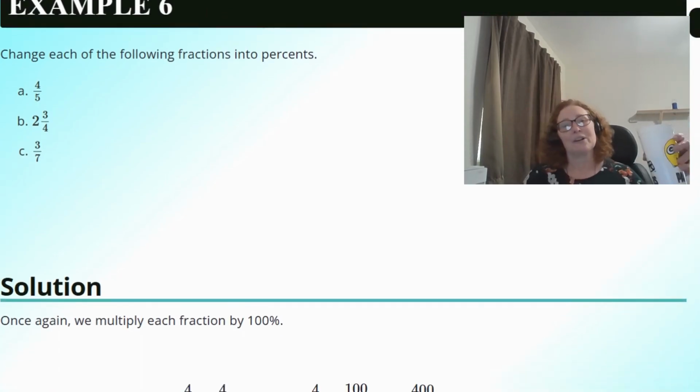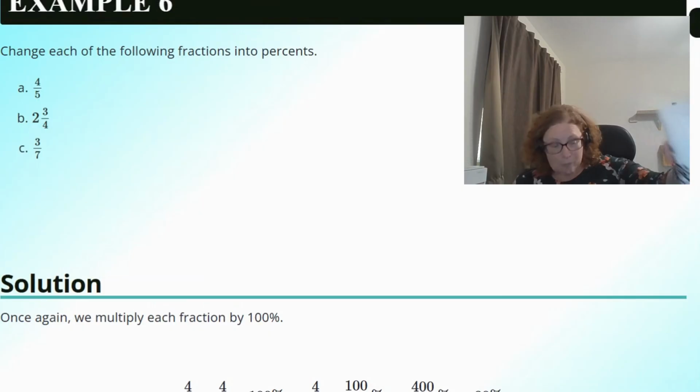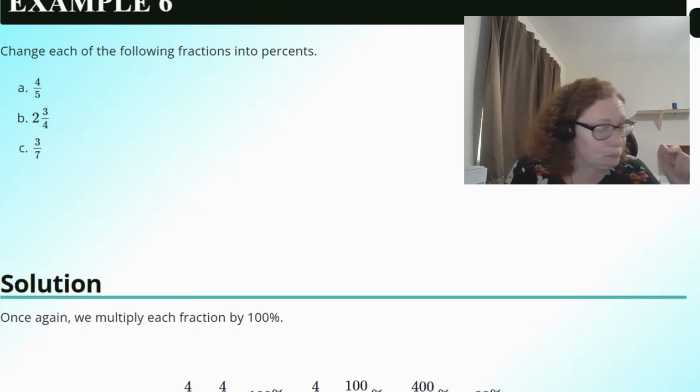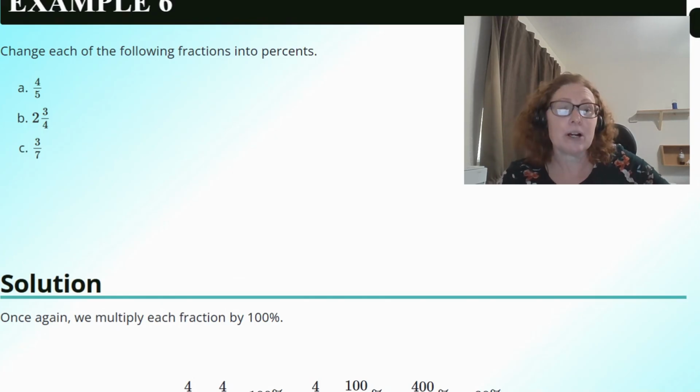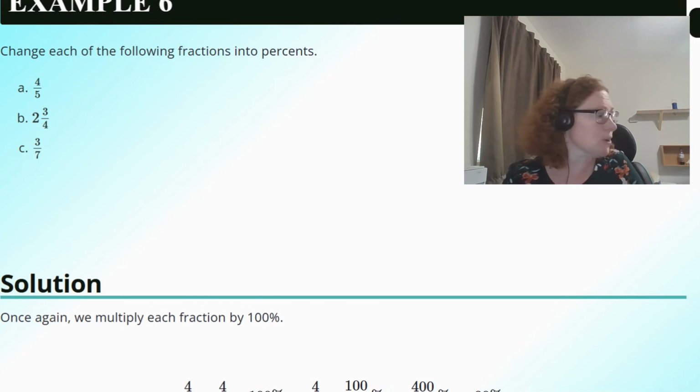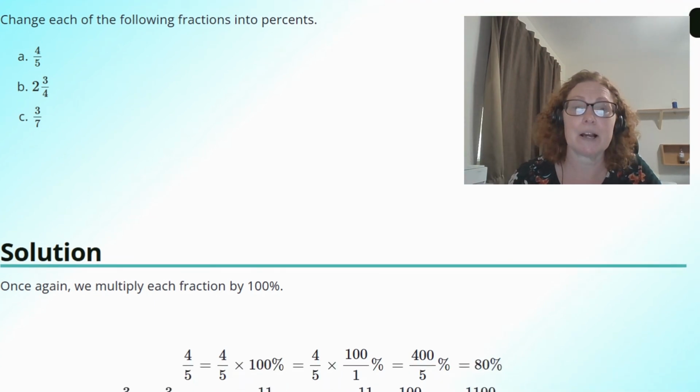Okay, another example. Now we're going to take fractions and they're going to become percents. So on that one, we've got 4/5, right? We are going to multiply each fraction by 100%.